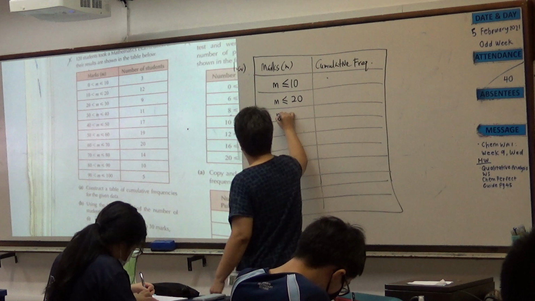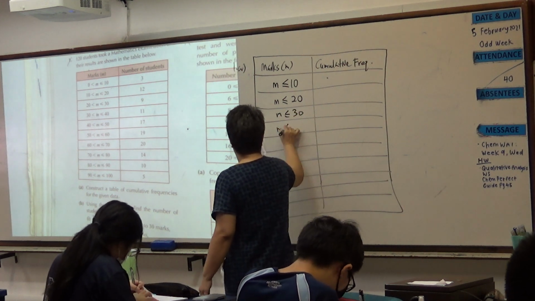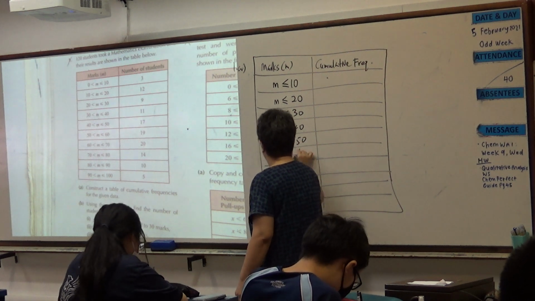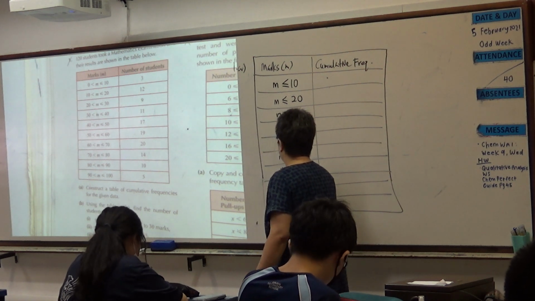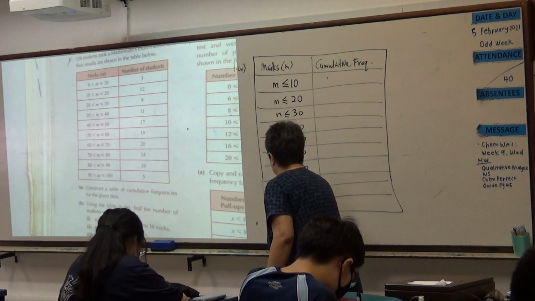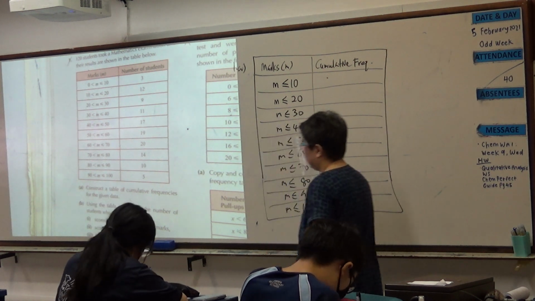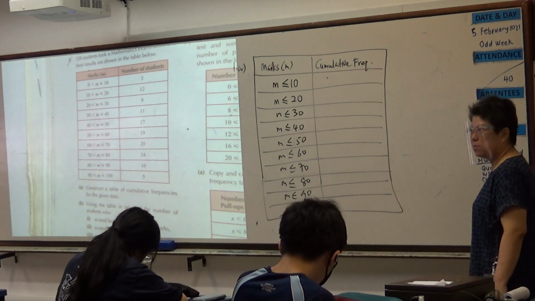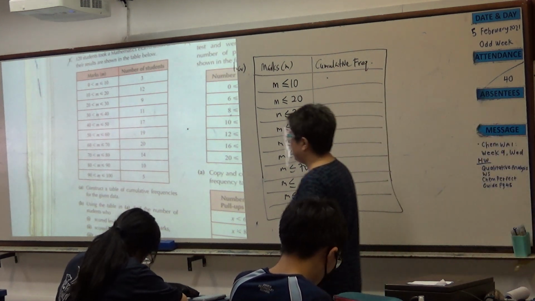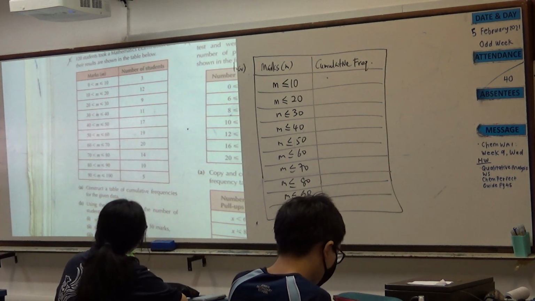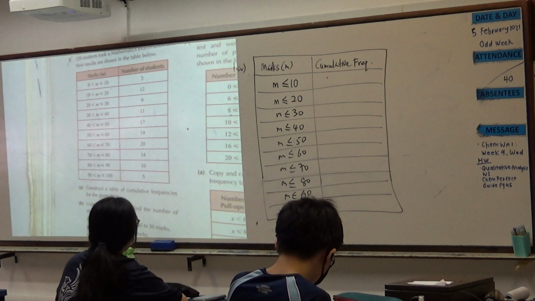And like that. This should be the marks that you are writing for the cumulative frequency table.